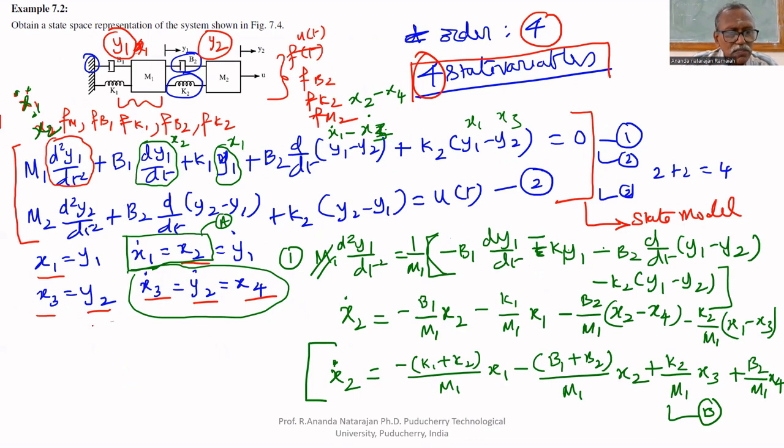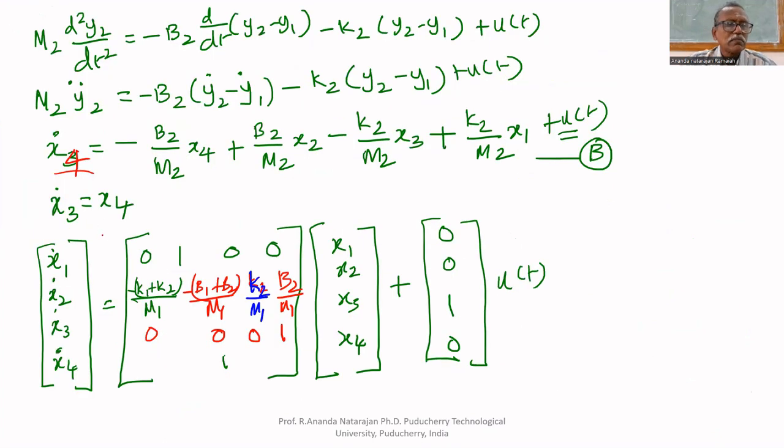So x3 dot equal to x4 and x4 dot equal to the equation we have found.